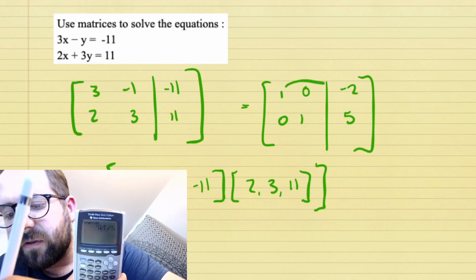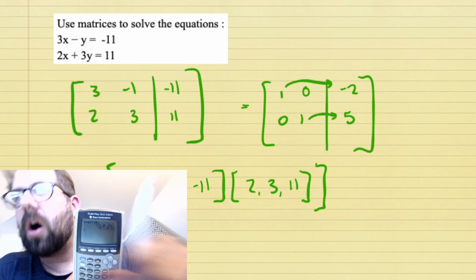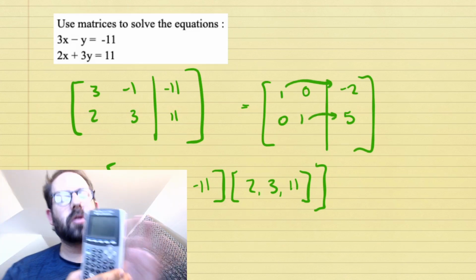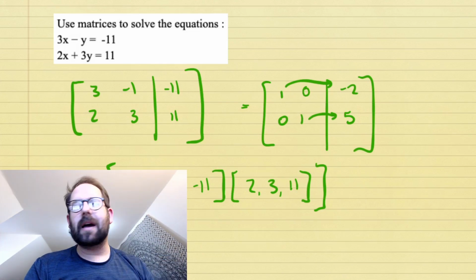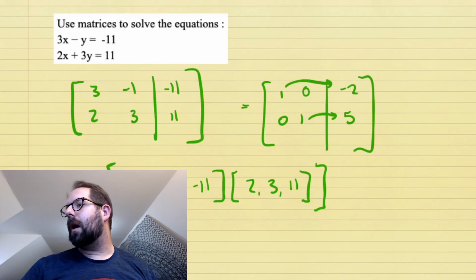And these are the answers for X and Y, and it automatically does it for you. It's kind of a cool setup, how these calculators work. It's kind of impressive, because that's some serious math that it's doing.